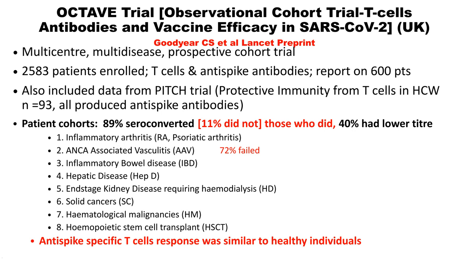And they found that at least 11% of them did not produce any titer, and 40% of them had lower titers than healthy persons. Anti-spike T cell response was similar in immunocompromised patients as well as healthy patients. So it indicated that the increased susceptibility that they have is because of lack of production of antibodies.